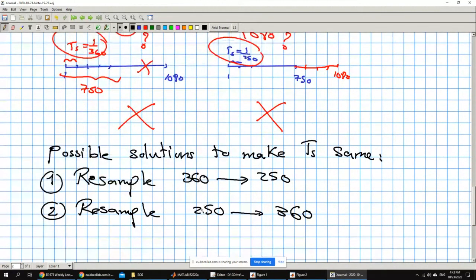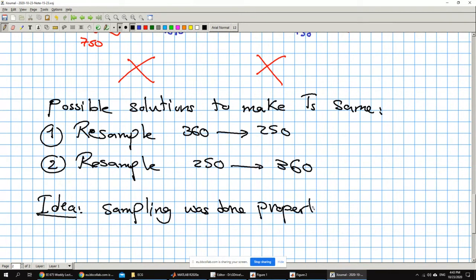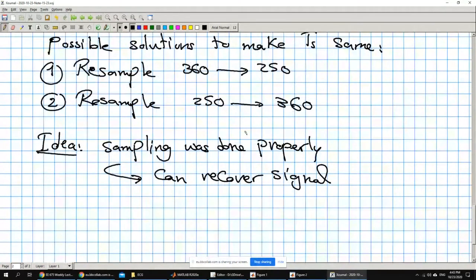First of all, the basic concept behind this is the following. The idea is that sampling was done properly, meaning that we can recover the signal.